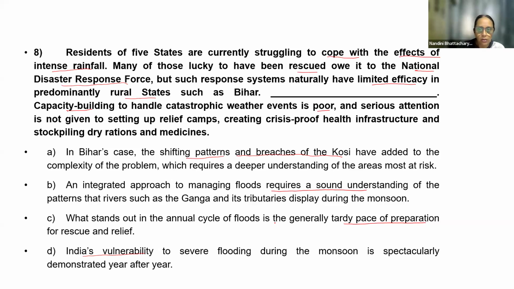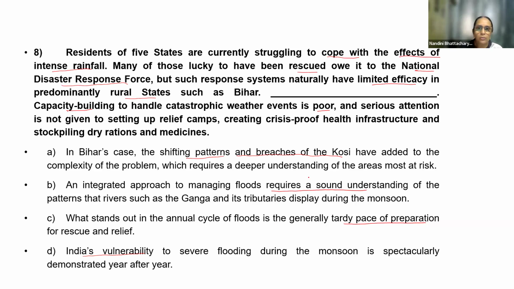Has anyone got near to the answer? Are you finding it a little confusing?